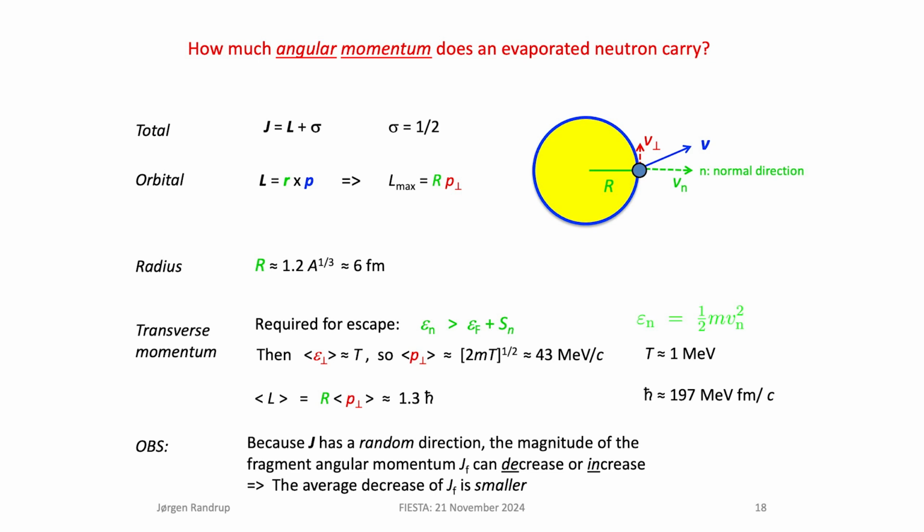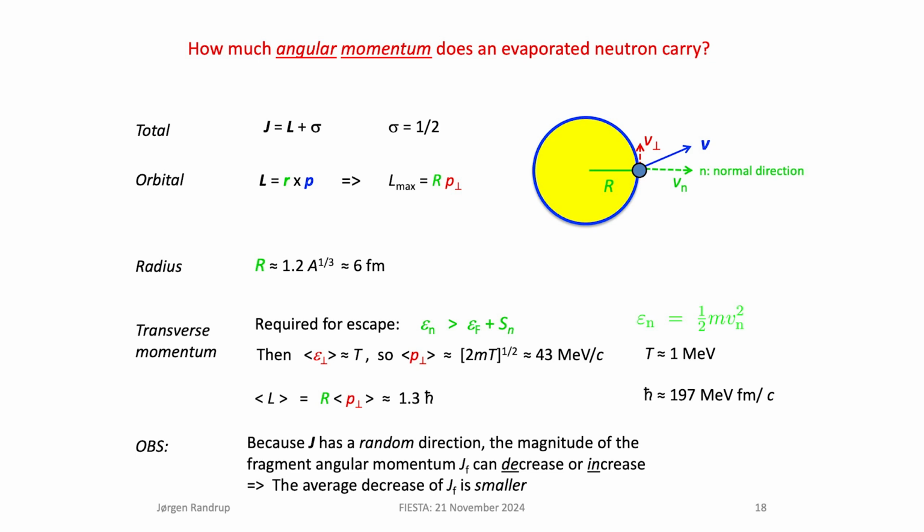And we can easily estimate this, the radius about 6 Fermi. Now, to get out, the energy of the neutron must be above the step. That means, at that high energy, you're way above the Fermi surface, and the average transverse energy is just the temperature. So this means you can calculate what the average momentum is, becomes 43 MeV/c. You multiply the two together, and you find out how much angular momentum that amounts to, 1.3 units in the orbital. Then you have to add the half in some way, and you get typically what the neutron carries out.